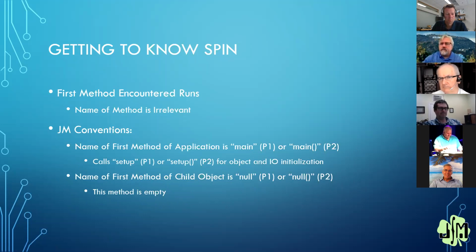So for any of those, especially if it's going to be dealing with hardware, I put an empty method called null at the beginning, so that if I accidentally say download when I have the object window open, it won't hurt anything. It just stops. Again, not my idea. I saw it, I liked it, and now I use it in all of my stuff.